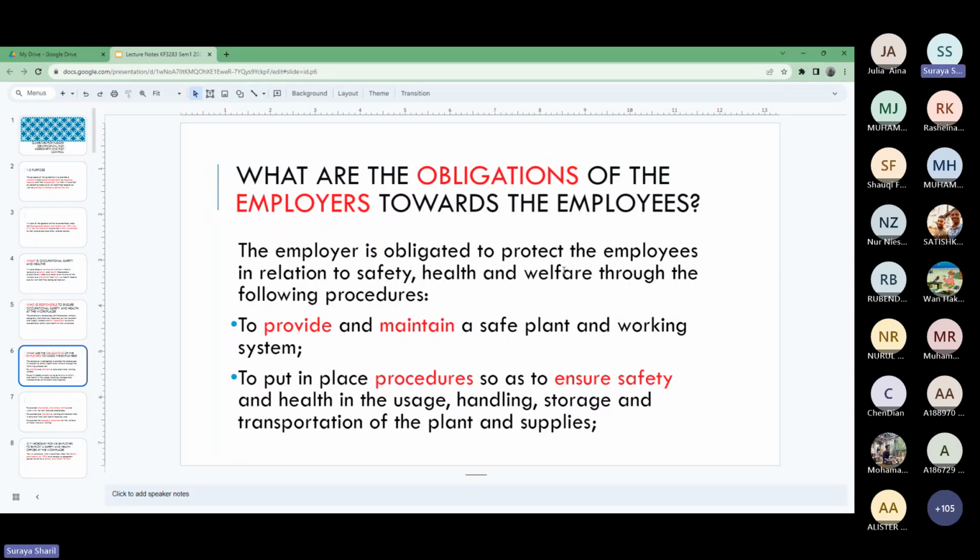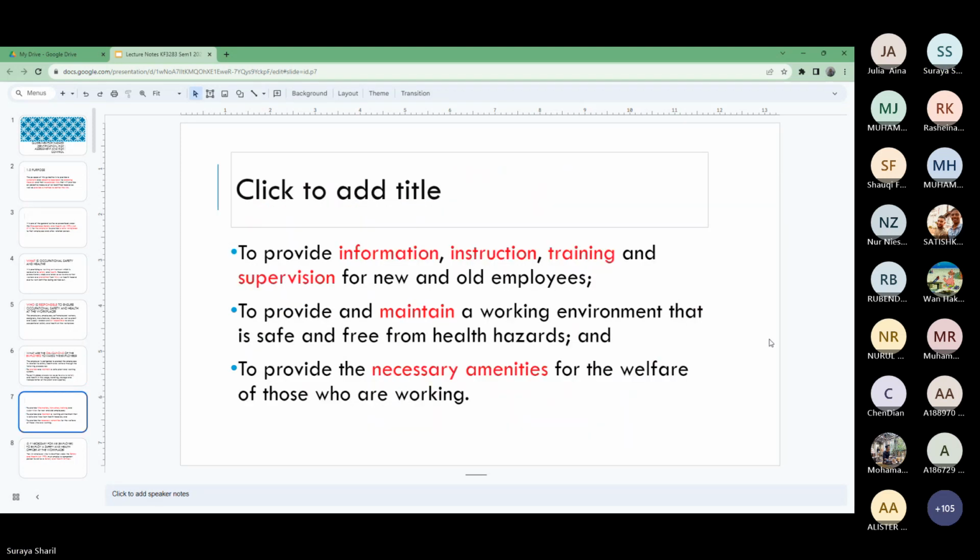To put in place procedures so as to ensure safety and health in usage, handling, storage, and transportation of plant and supplies. To provide information, instruction, training, and supervision for new and old employees. To provide and maintain a working environment that is safe and free from hazard, and to provide the necessary amenities for the welfare of those who are working.